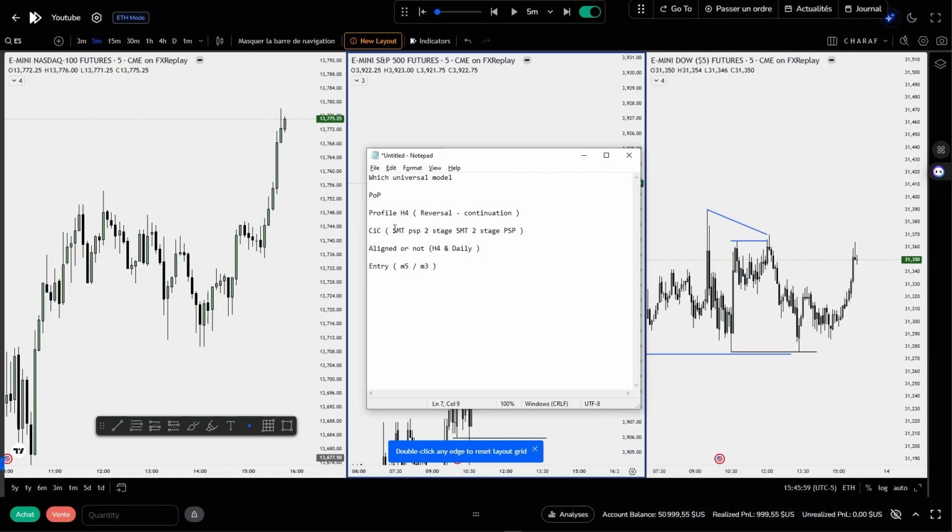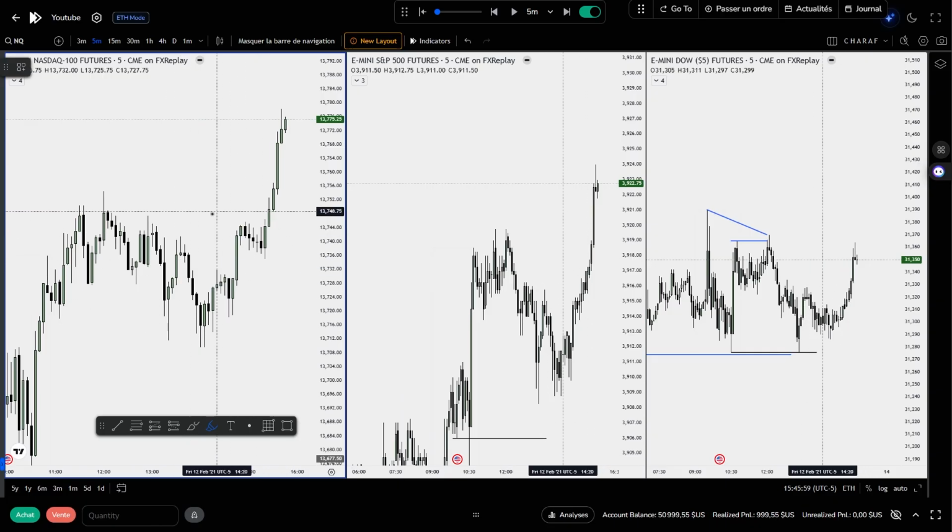Then cracking correlations: SMTs, PSPs, 2-stage SMT, 2-stage PSP, strength switch, and aligned or not. Alignment in general, are we aligned with the 4-hour? If we're aligned with the 4-hour and the daily, that's most likely a continuation.